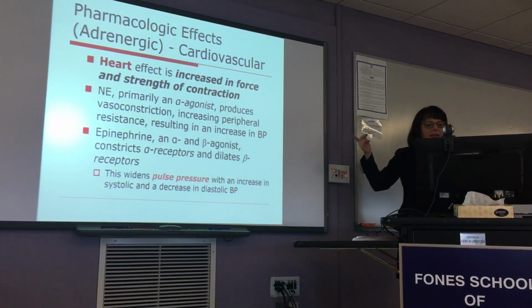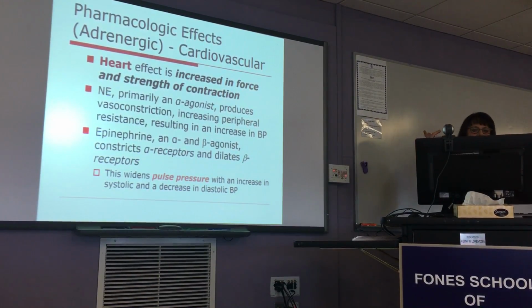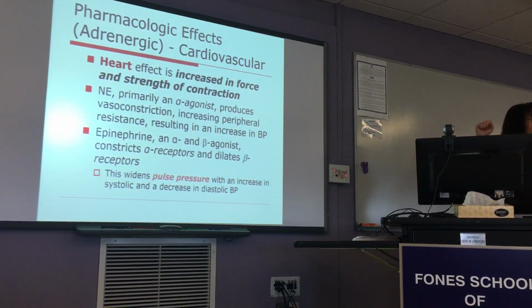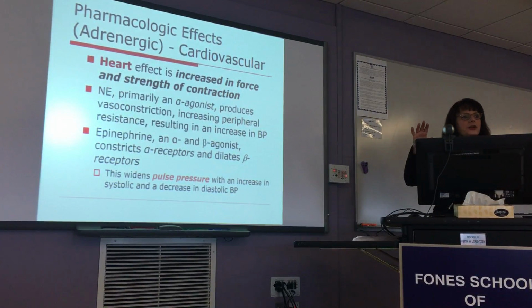Epinephrine, an alpha and a beta agonist, constricts the alpha receptors and dilates the beta receptors. Weirdness here. So it widens the difference when you're taking a blood pressure.